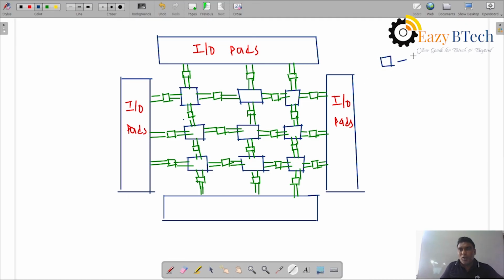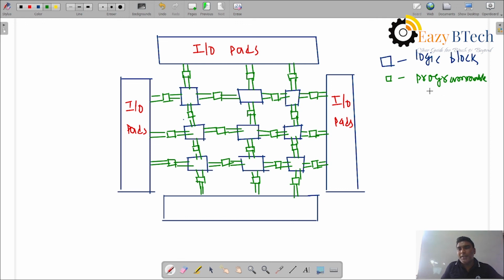So this is a logic block, and the small one represents a programmable interconnection.